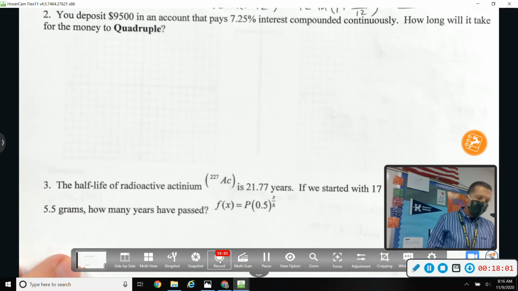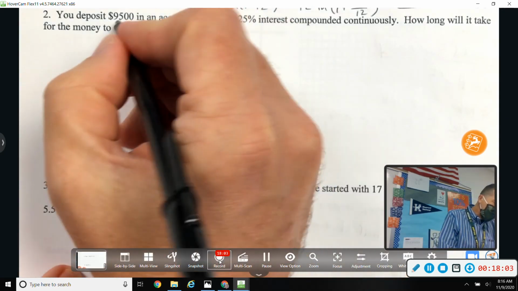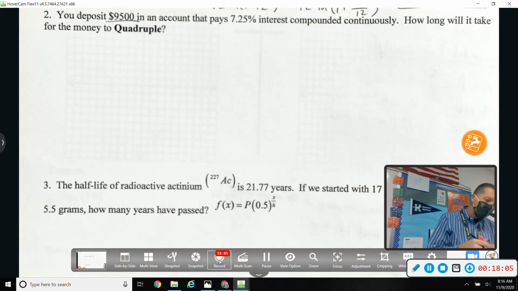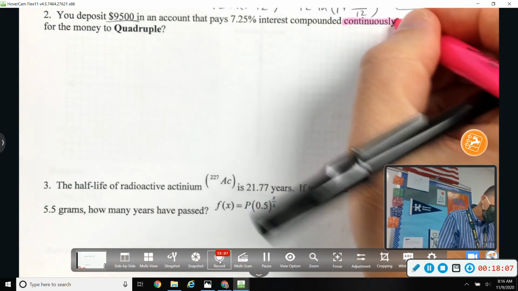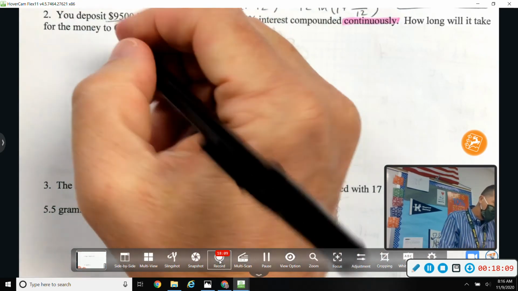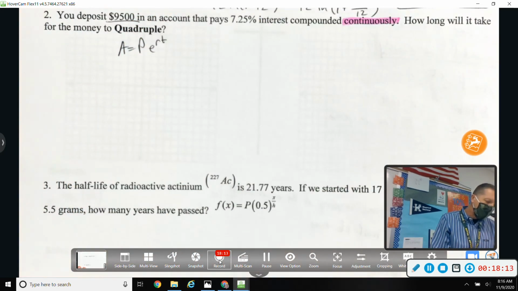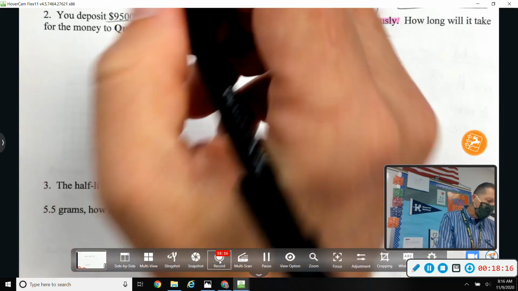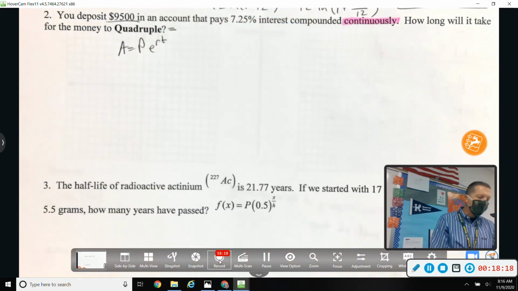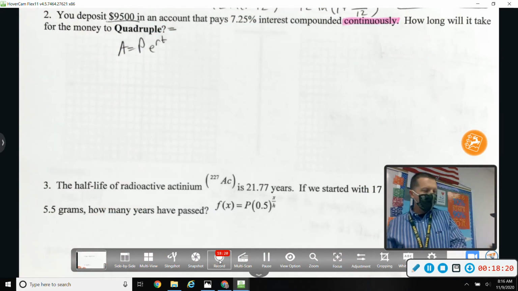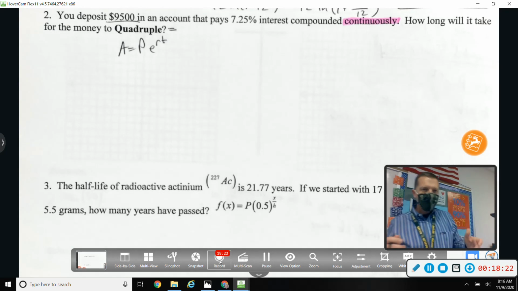Number 2. You deposit $9,500 in an account that compounds continuously. So that's the PERT formula. How long will it take for the money to quadruple? Well, it doesn't give me the final amount, but what does quadruple mean? Times 4.